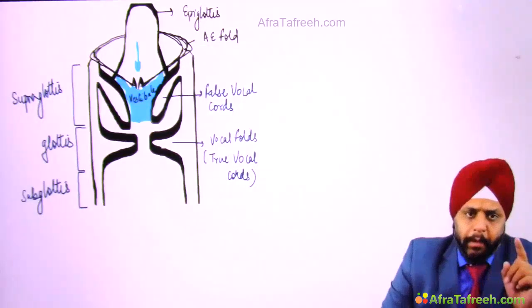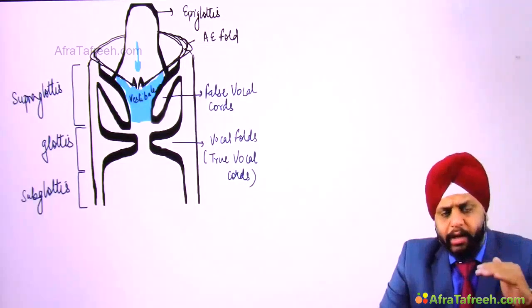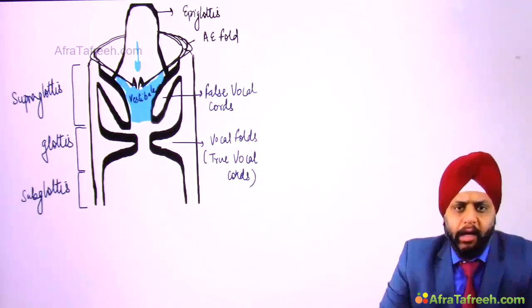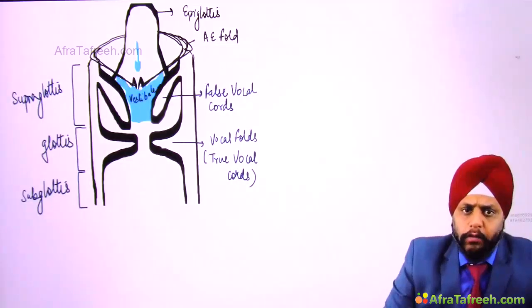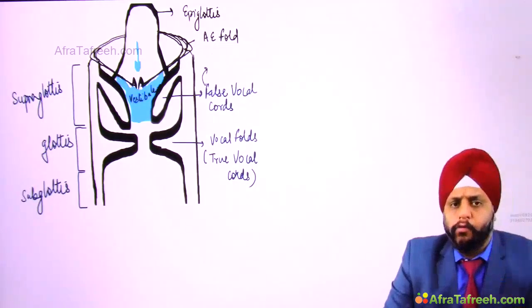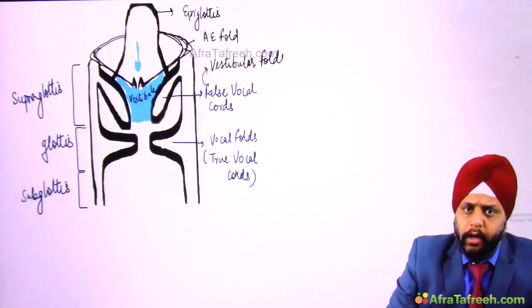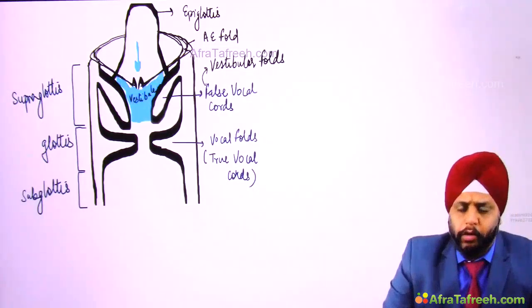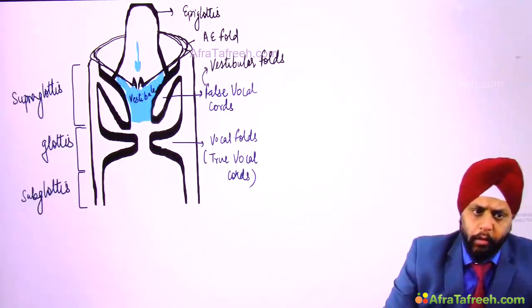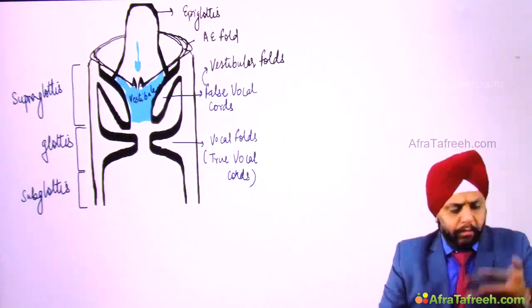Now remember, the lower limit of the vestibule is formed by the false vocal cords. Therefore, they have also been named vestibular folds. As I said, they were supposed to be called folds. They were never cords. If you look inside them, they are a fold of the mucosa.